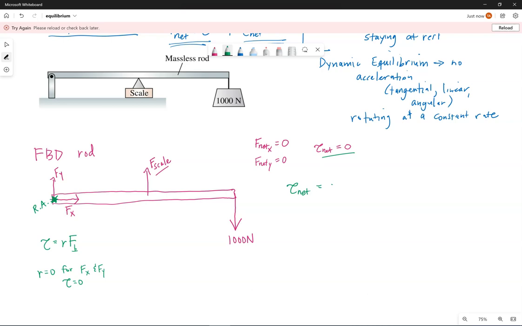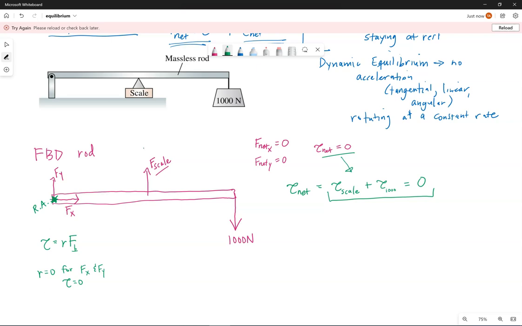I will need to add up the torque caused by the scale's force plus the torque caused by that 1,000 Newton hanging mass. Those need to add up to be 0. Otherwise, there would be a net torque, and that would cause rotation. So this is our fundamental equation representing the net torque is 0.